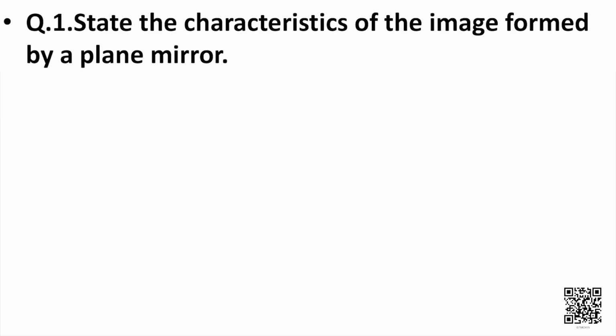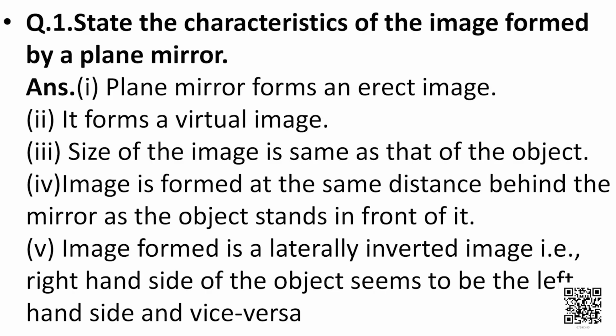Let us move on to the exercise parts now, students. So, in the exercise part, the first question is, state the characteristics of the image formed by a plane mirror. So students, the characteristics of the image formed by a plane mirror are: first, a plane mirror forms an erect image. Second, it forms a virtual image.